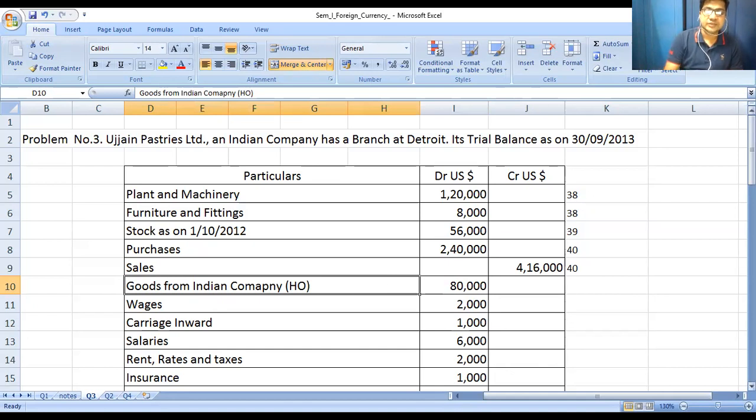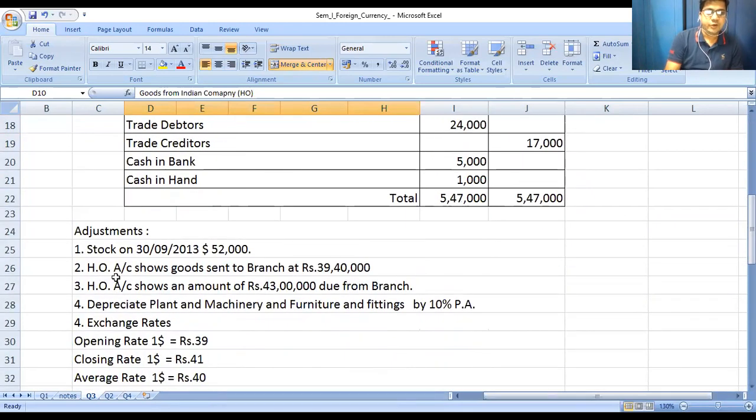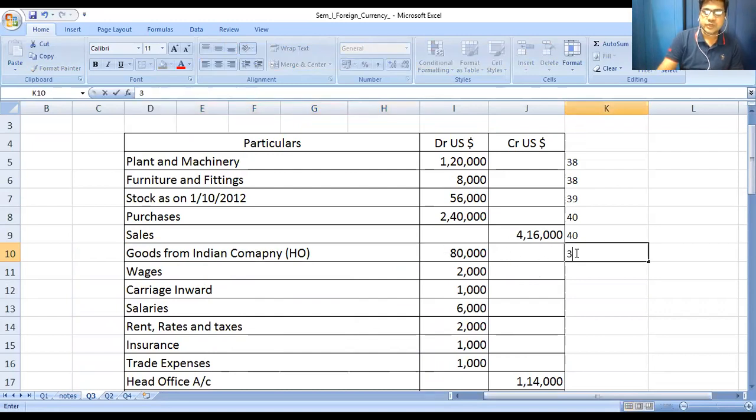The head office account shows goods sent to branch at rupees 39 lakh 40,000. This is the amount we have to use when converting this dollar into rupees. So 39 lakh 40,000 will be shown.